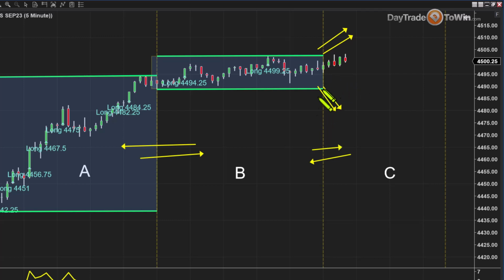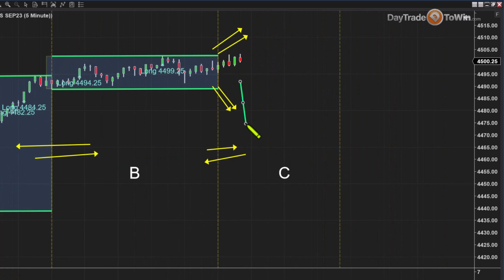Or if it decides to go lower, right? So let's say that the market decides to sell off right as we end the day. This is another example that's telling me to go short. Okay, so right now it's neither. Right now the market's trading in a range, and that's typical, common, unless there's a move.